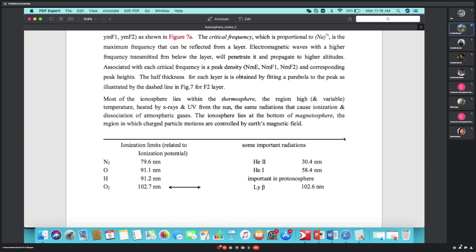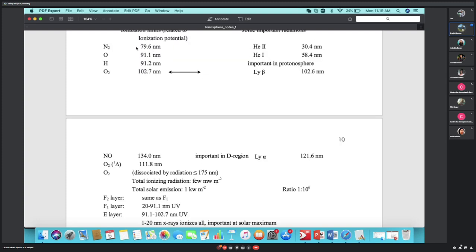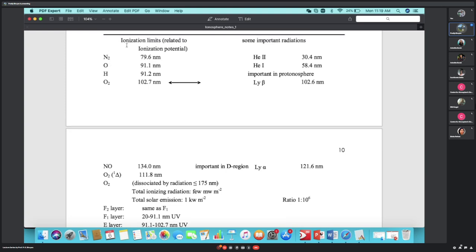Now, here is a table where some values are given: ionizing potentials at different frequencies. You can see N2, these are the ionization limits.